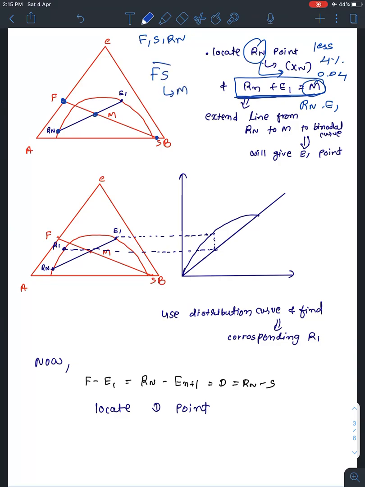Okay, so what we should do now: this M point is known to us, this Rn point is known to us, so simply we'll join this Rn and M point and extend this line up to the solubility curve. The point that we get is nothing but our extract point. Okay, so here we can say that it is our y1, right? So this is how we can indicate what E1 is.